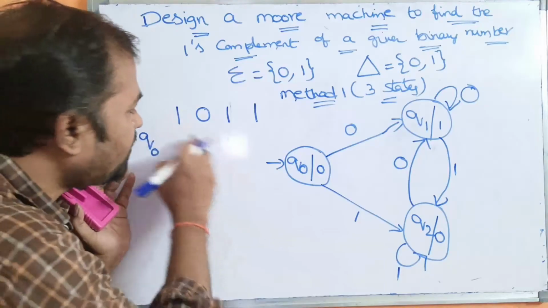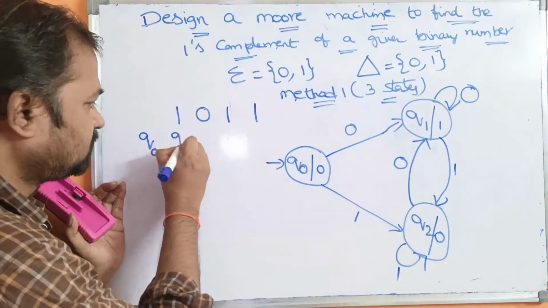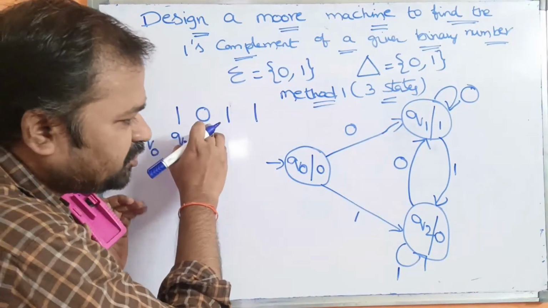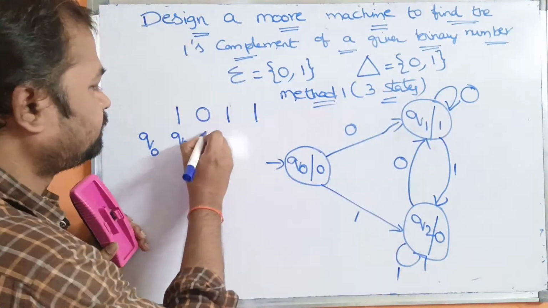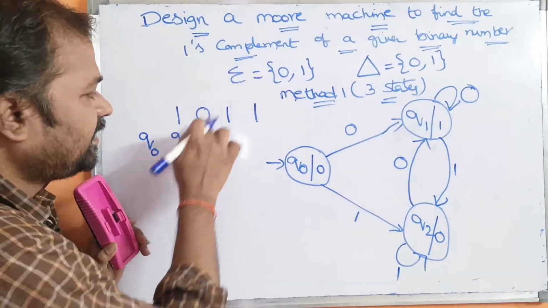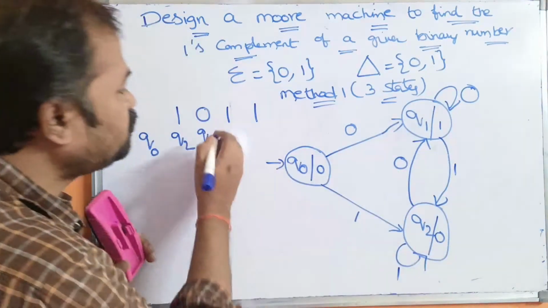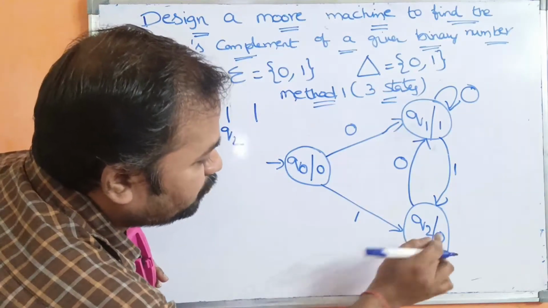So Q0 on 1 goes to Q2. Next, Q2 on 0 goes to Q1. Next, Q1 on 1 goes to Q2. Q2 on 1 goes to Q2.